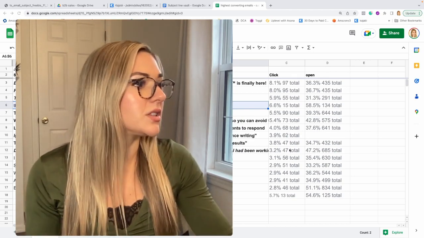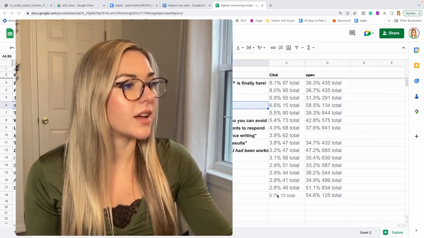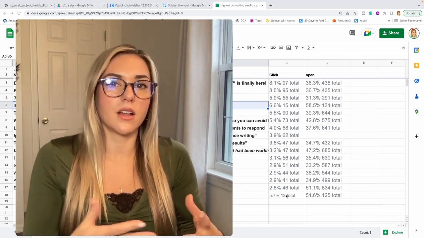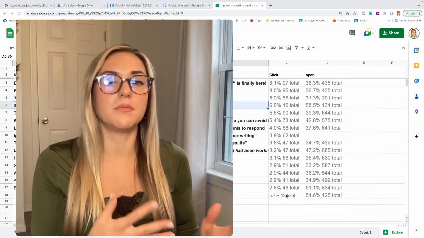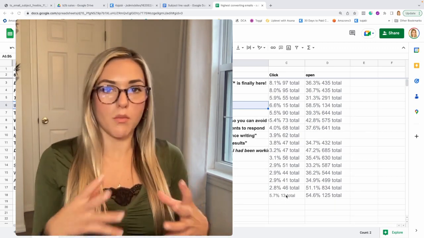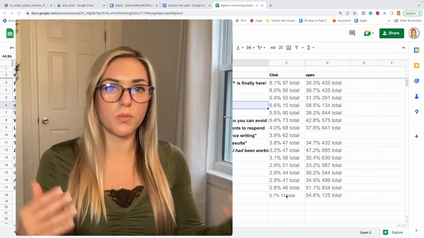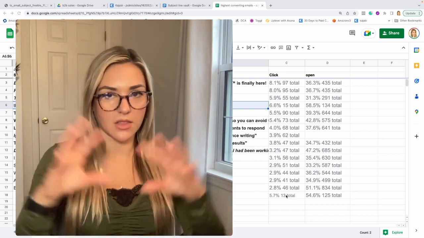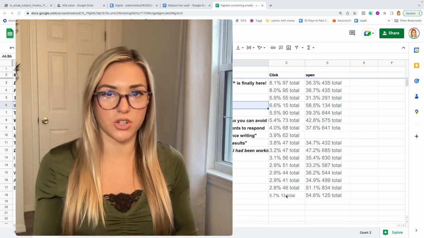So as you can see here, I got a 5.7% click-through rate, but the smaller your email list, the higher a click-through rate will be, even if 10 people clicked that link, right? So the more people you're emailing, your open and subject lines will naturally go down a little bit. So you have to understand the full context when you're reading these metrics.